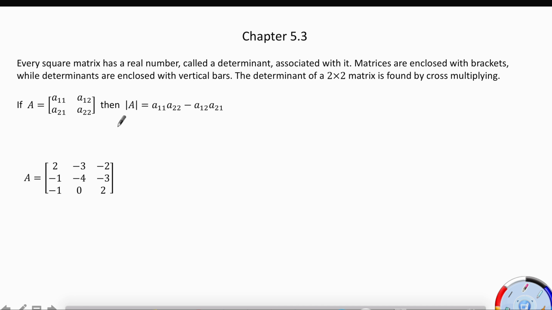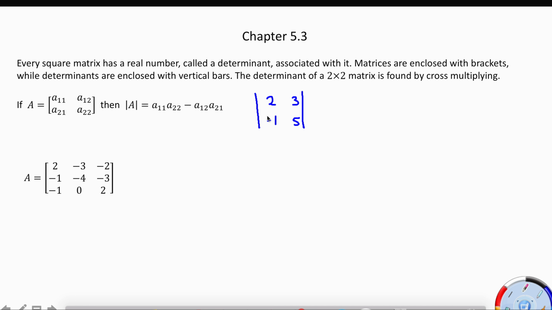The determinant of a 2 by 2 matrix is found by cross multiplying. So I would say this times this minus this times this. For example, if I wanted to find the determinant, I'm going to put it in vertical bars as opposed to brackets.